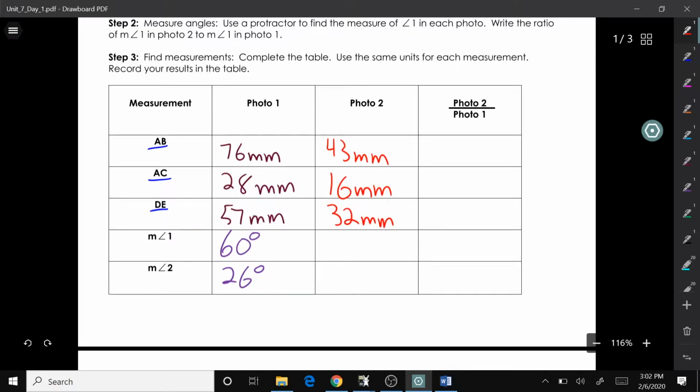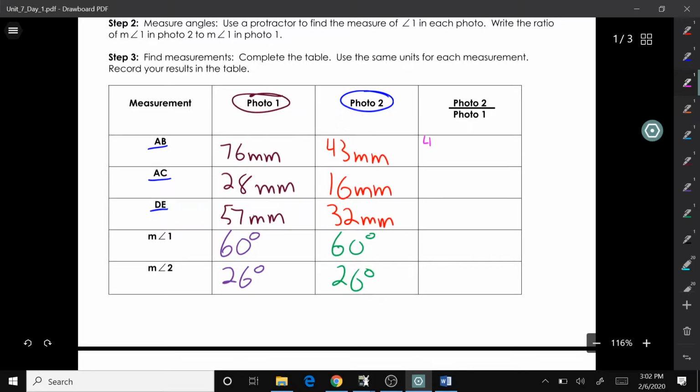The measure of angle 1 was still 60 degrees, and the measure of angle 2 was still 26 degrees. So then this third column says take the measurement of photo 2 and divide it by the measurement of photo 1. So I'm going to take this number divided by this number.